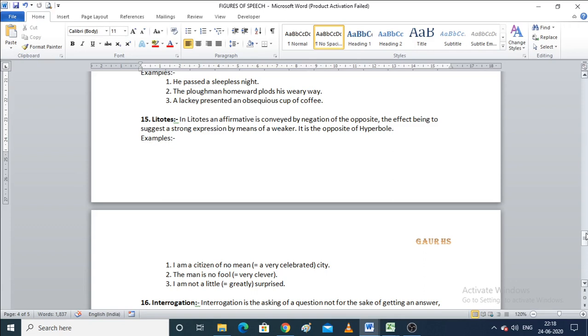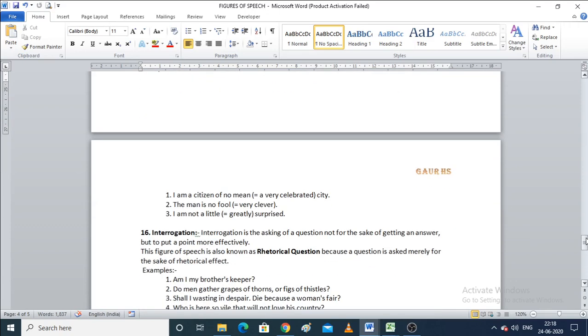So, when we present an affirmative sentence by a negation of the opposite, it is known as litotes. "I am not a little surprised." When the person says that, it means that he was greatly surprised.